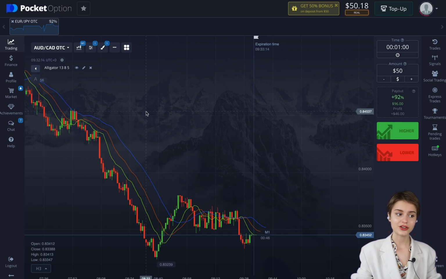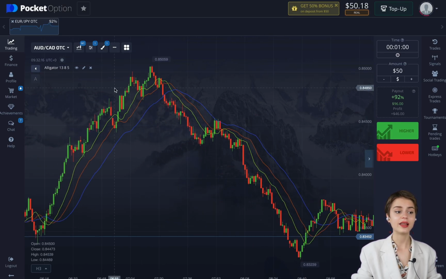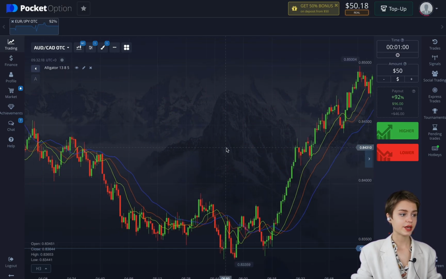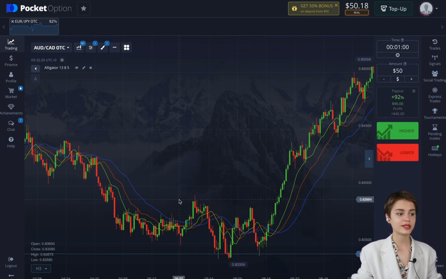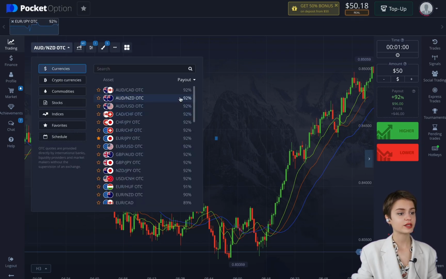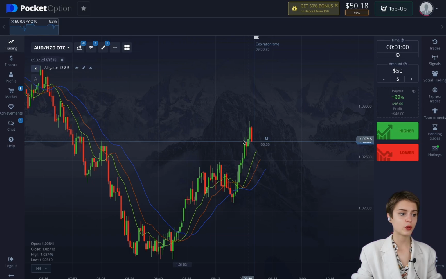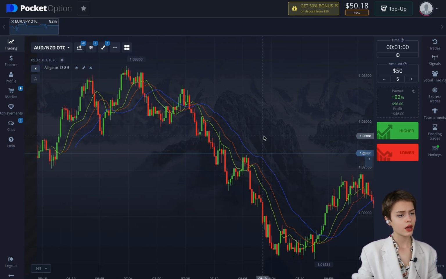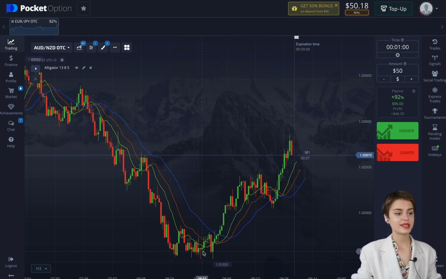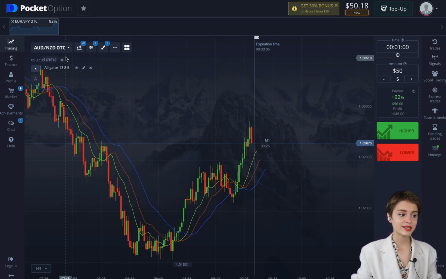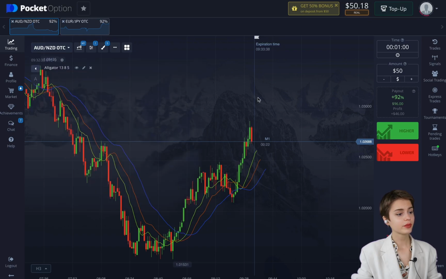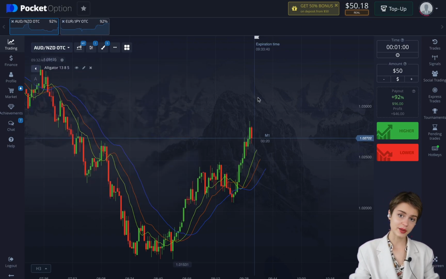We trade on a trend only with the help of the alligator indicator. Here we also see sideways movement, so we do not trade. So before adding currency pairs to saved, we determine which pairs are good for us. We check them. Here, for example, we see an uptrend, so we can mark this currency pair to trade. And this is the first important thing.